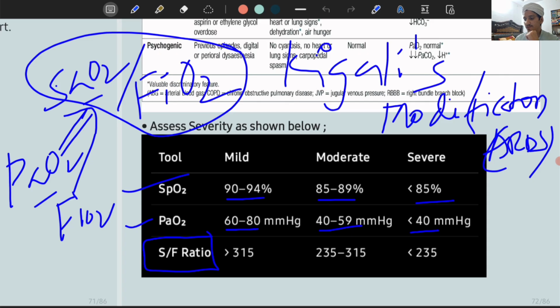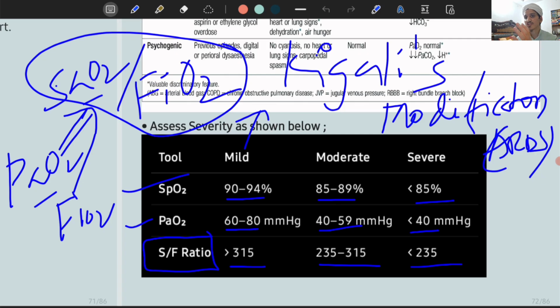Okay, so if this S by F ratio is more than 315, ARDS is excluded, and you will say that the dyspnea is mild. If it is less than 315, that is moderate. If it is less than 235, then it is severe. And you should remember, in mild cases you will start with oxygen therapy if there are no signs of hypercapnia. Normal oxygen therapy.